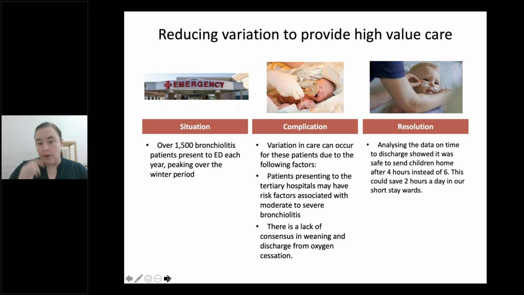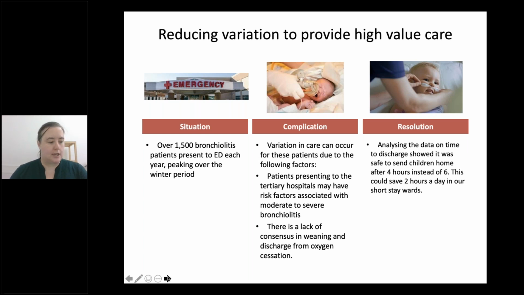So this case was looking at bronchiolitis patients, and this is something that affects children below 2. It's quite a common disease for children. There are about 1,500 bronchiolitis patients that present to ED each year, and this peaks in the winter period.